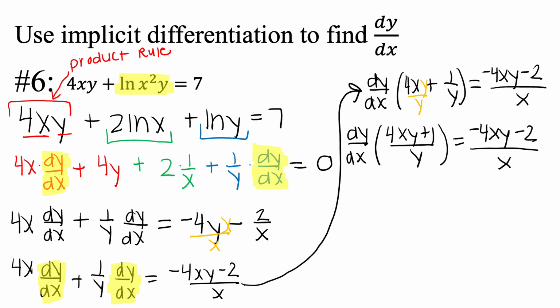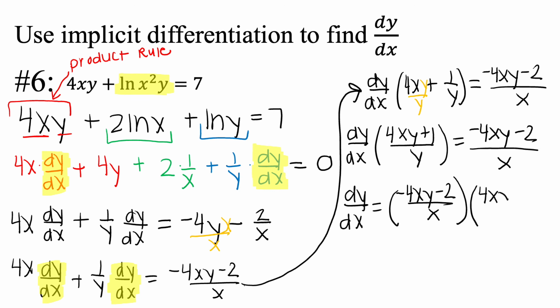And then in order to get dy/dx by itself, we would just multiply by the reciprocal. So we get dy/dx is equal to the original negative 4xy minus 2 over x times 4xy plus 1 over y. And just to kind of clean it up, we can actually multiply this out. Back it up, sorry.